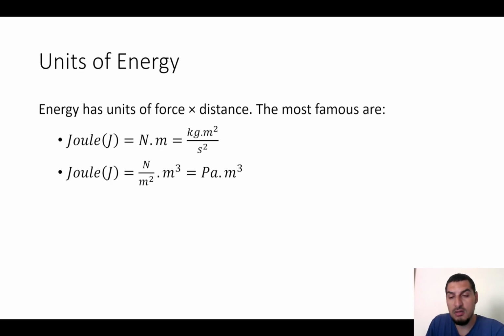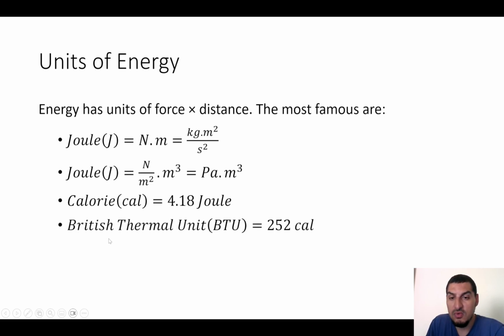Both are definitions of the units of energy. It can be expressed in calories, where 1 calorie equals 4.18 joules, or the British thermal unit, which is the unit used in the British system, or what's called the US system in some cases. The British thermal unit is equal to 252 calories.